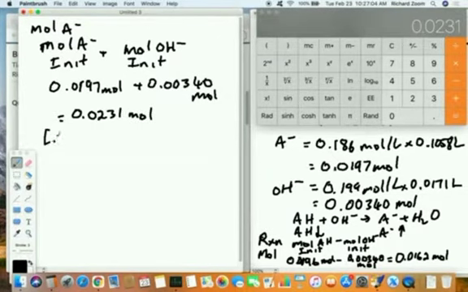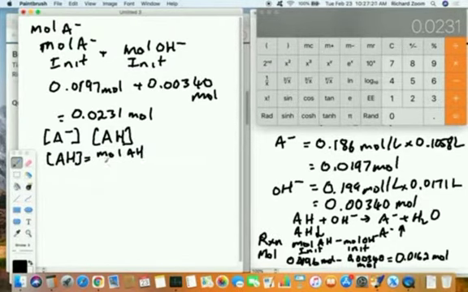So next we find the concentrations using the total volume. We need the concentration of A minus and concentration of AH. For the concentration of AH, it's going to equal the moles of AH divided by the total volume in litres.